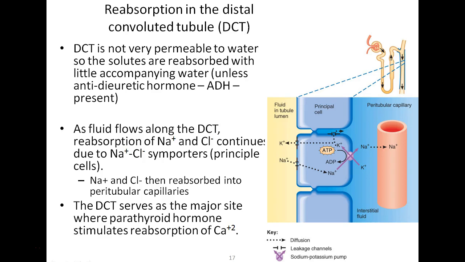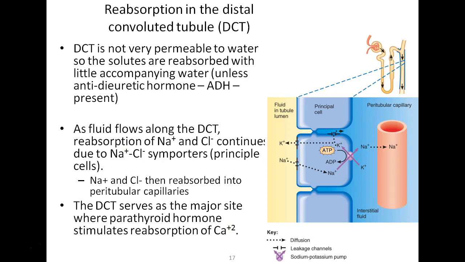The main substances we're looking at here are sodium, chloride, and calcium ions moving through those principal cells. So again, we see these symporters, we see these embedded channels in the membranes of the cells that allow the sodium and chloride to do this reabsorption process.